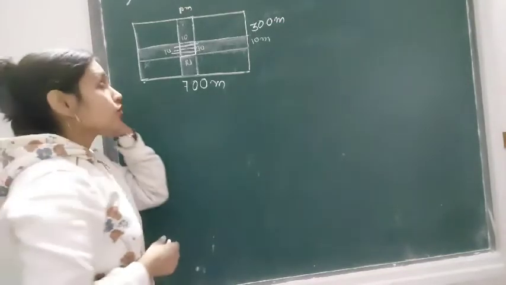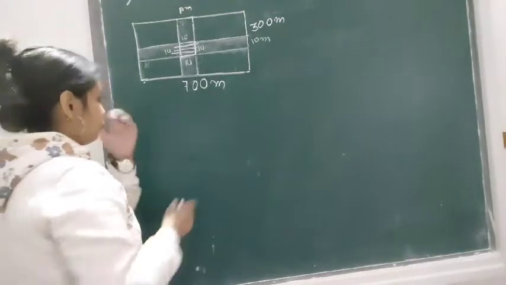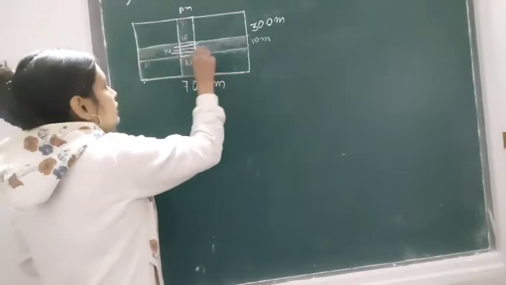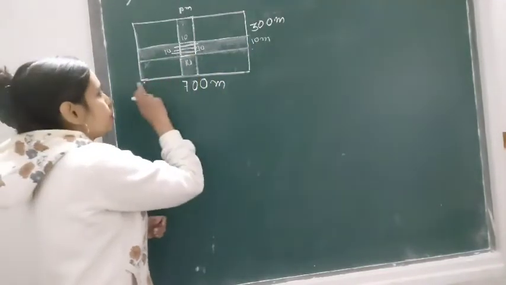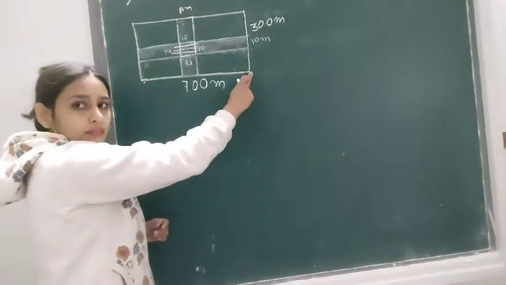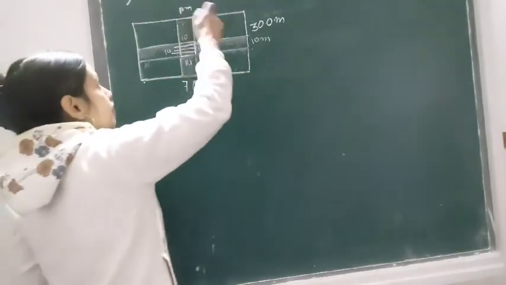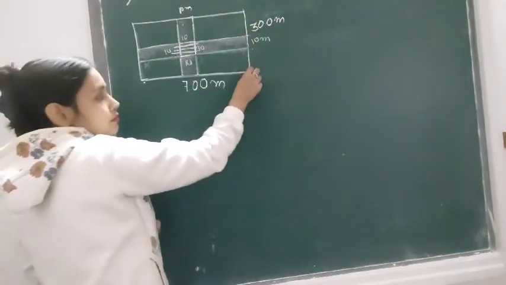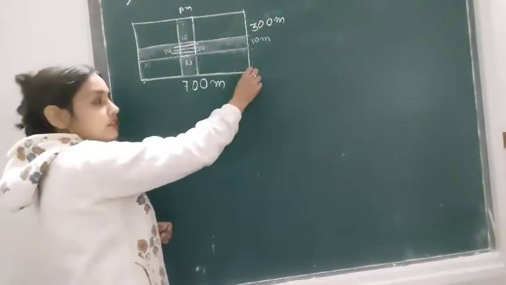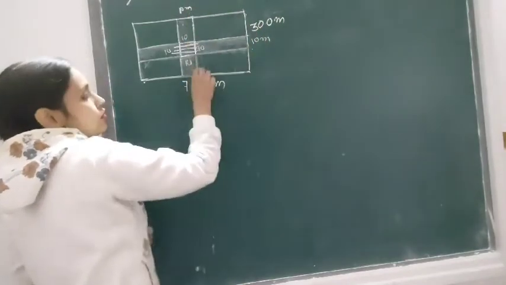Now for that we need to know the dimensions of the road also. So this is parallel to 700 meters, right? So it is 700 meters. Now if we talk about this road, this side is parallel to this side, correct? So if this is 30, this is also 30.